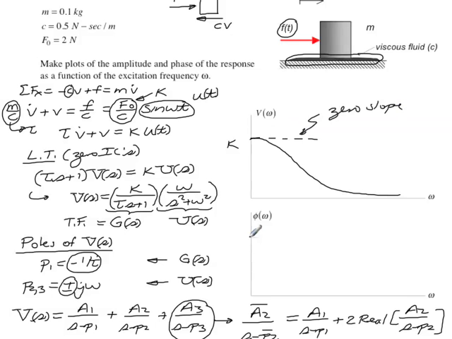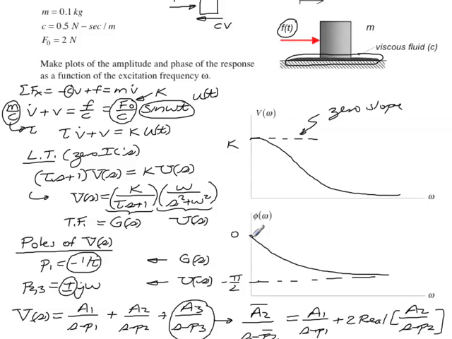And the phase angle starts out at 0. It goes down to minus π/2, like this. So the phase angle is always negative here. It starts out at 0. The phase increases up to minus 90 degrees as you increase the frequency.